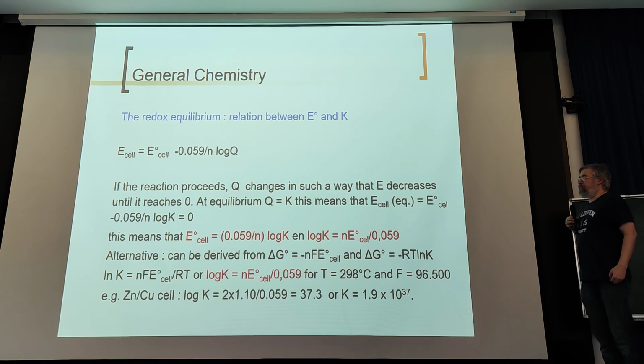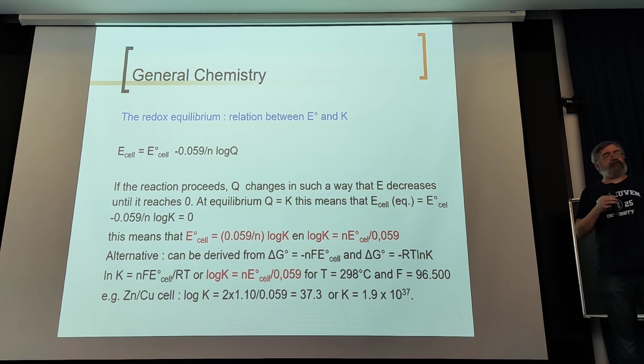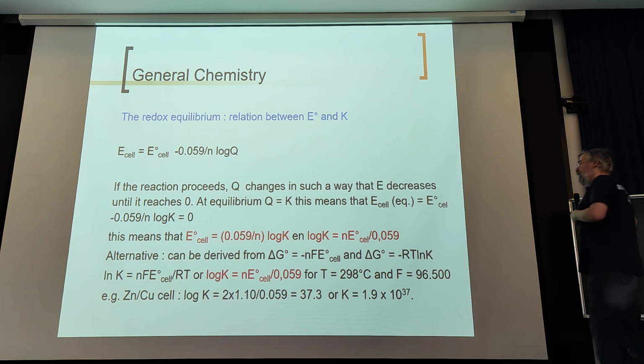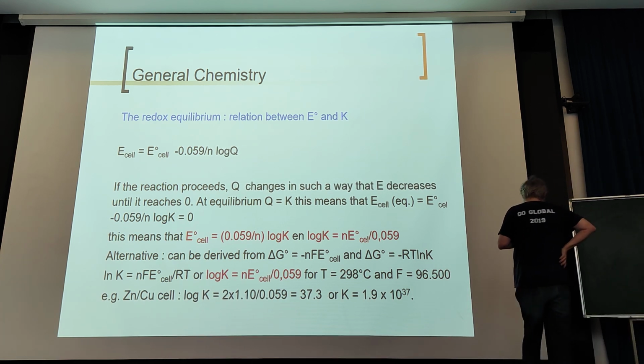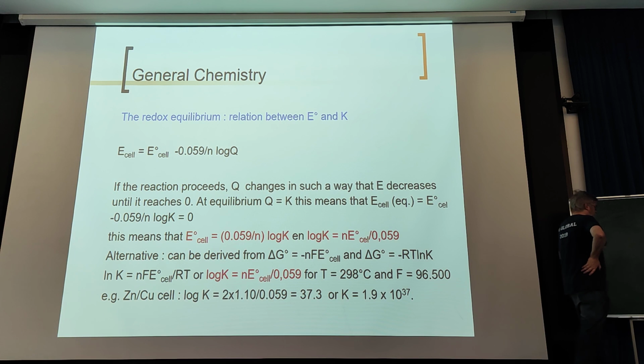Well, first of all, N is 2, it's a 2 electron process. The cell potential at standard conditions is the difference in standard potentials of the two. That's 1.1 volt. We already calculated that. And this we have to divide by 0.059. So if you do that, we get a number of 37.3.